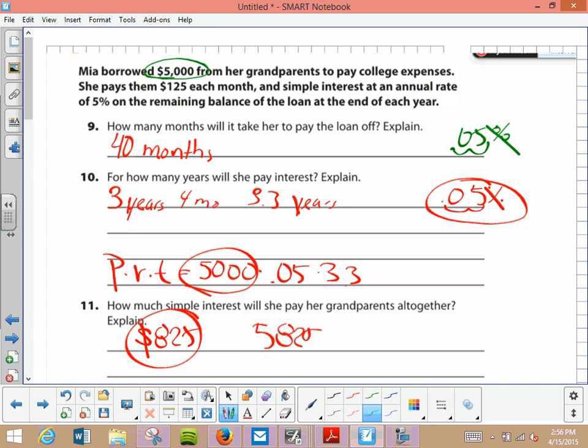The next one. How much simple interest will she pay her grandparents altogether? How do you figure that out? What did you do, Juvia, to figure it out?